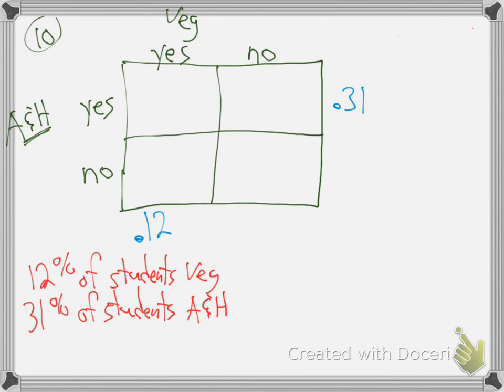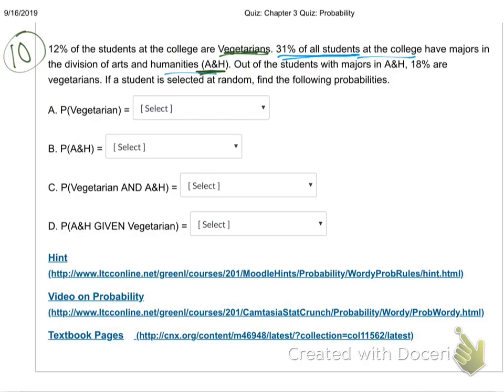Now, normally, at this point, they give us a third one. They will give us a third one, but it'll be a little different. It's going to say 18%. Let me begin the sentence here. Out of the students with majors in arts and humanities, not out of all students, notice. They do not say 18% of all students, which is what they normally have done in all the rest of the problems we've done like this.